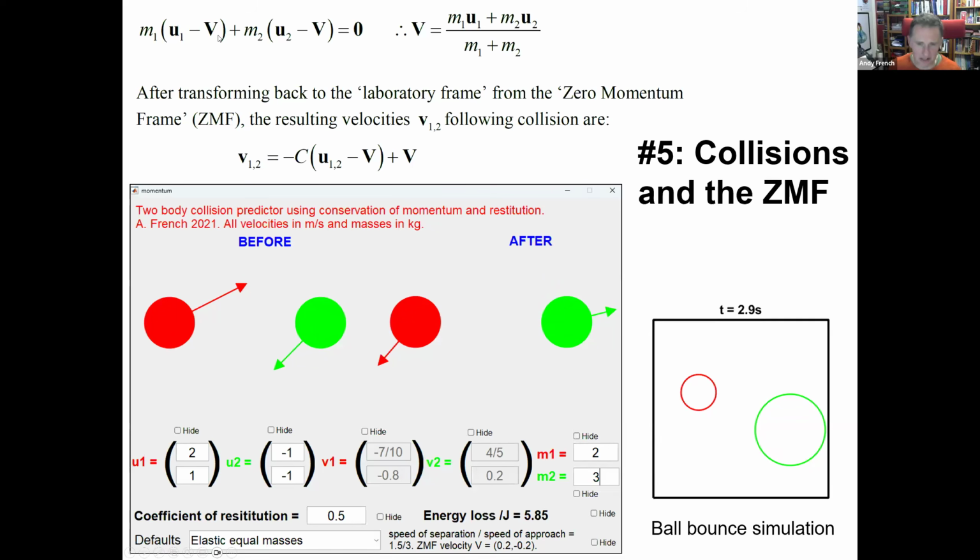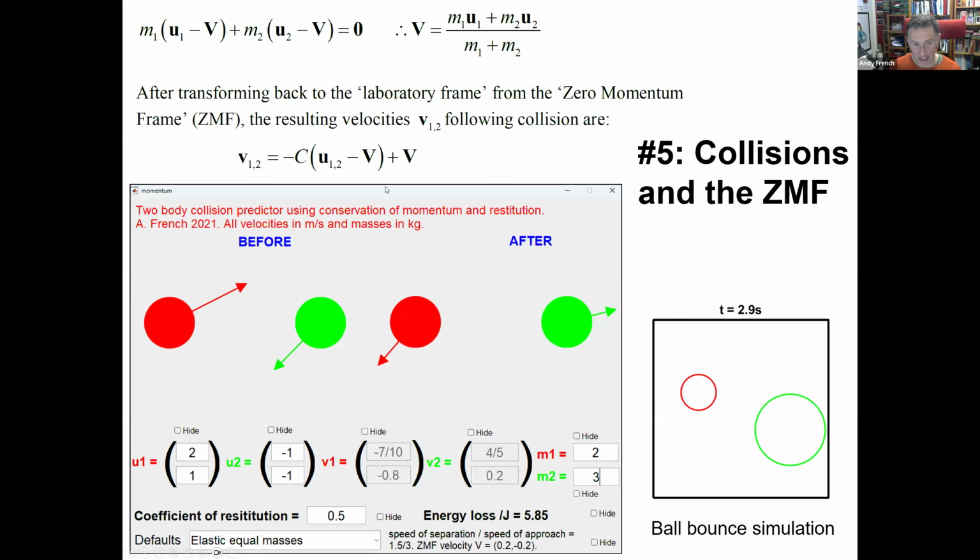In other words, you're running past the situation with a velocity big V such that the momentum is 0. And that velocity is the weighted average of the velocities of the 2 different objects. So when you're in that frame, you basically reverse what happens, which also conserves momentum, and then you shift back into your laboratory frame.